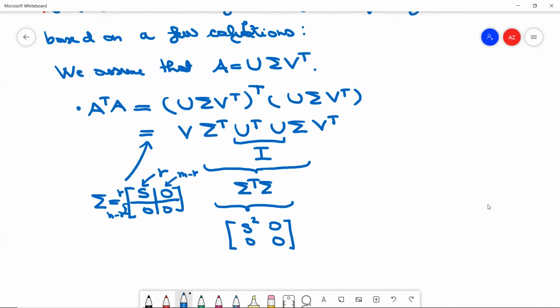So this S squared, 0, 0, 0 is just sigma 1 squared, sigma 2 squared, and so on, sigma R squared, and then zeros.